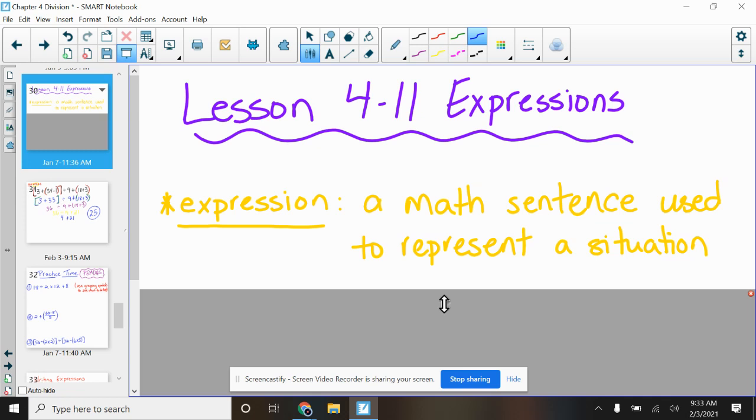If it's a word sentence, then we use words and punctuation like commas and periods. But if it's a math sentence, it's going to use numbers and math operation signs, okay? So an expression is basically a math sentence that's used to tell a story.